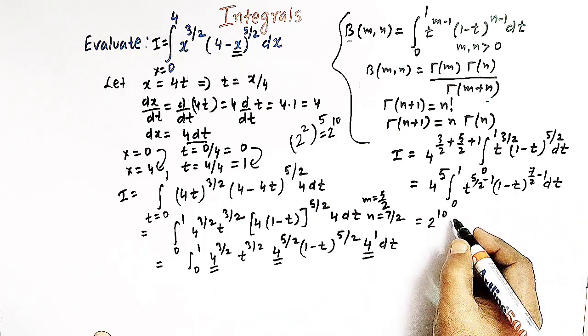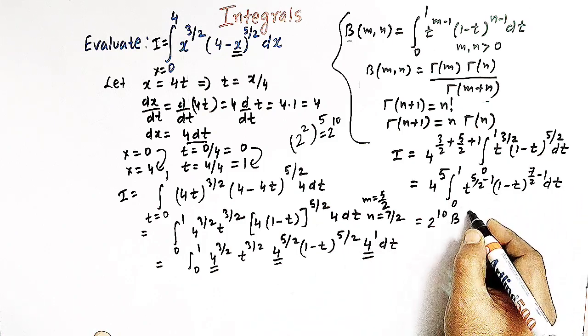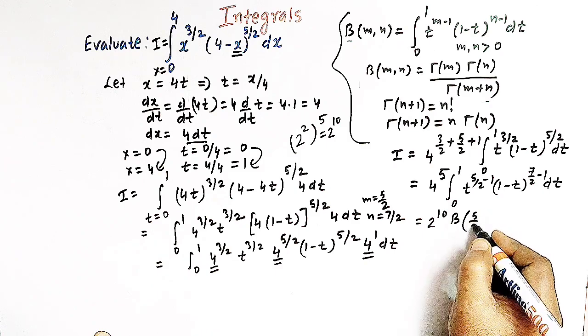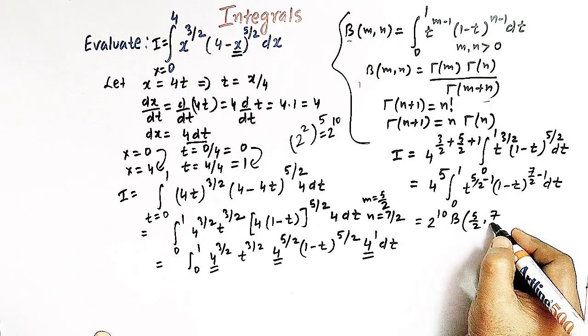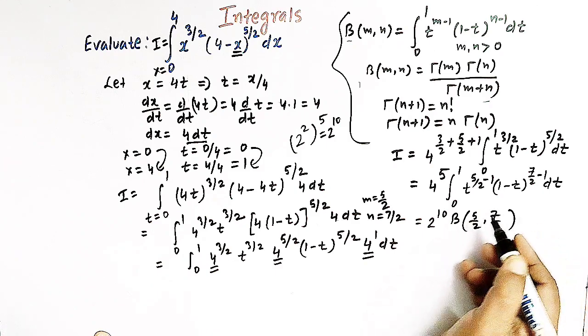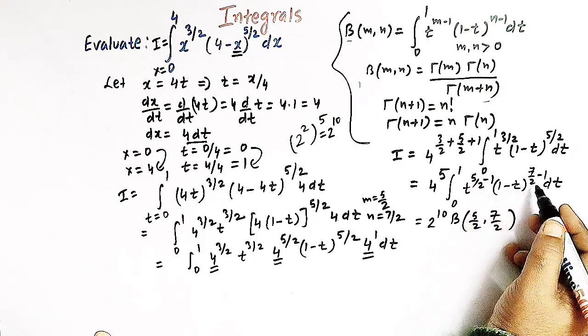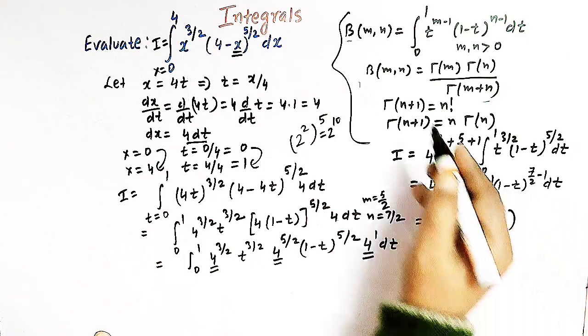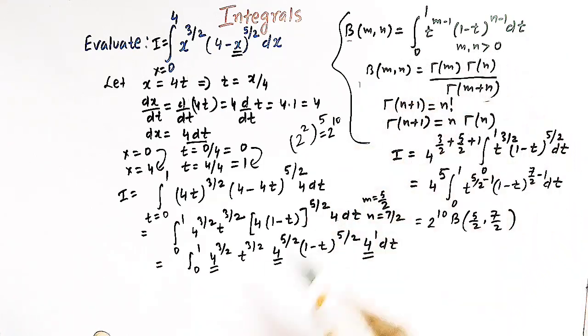So this integral is now equal to the beta function, that is beta 5 by 2 comma 7 over 2. And here it is quite obvious that 5 by 2 and 7 by 2 both are greater than 0, or positive.